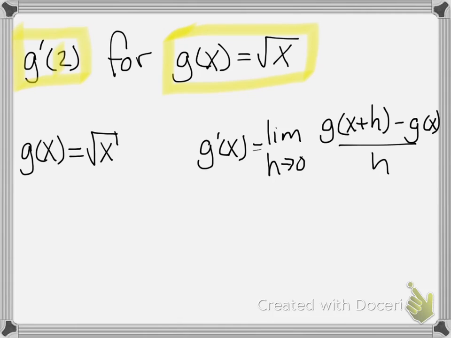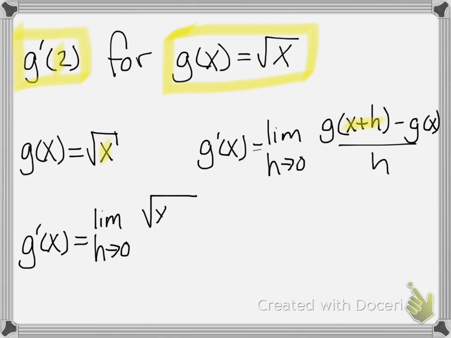Alright, so what does all this actually mean? Well, we just go through just like before. We're going to have g prime of x is going to be equal to the limit as h goes to 0, and since we have an x under the radical, we're going to plug x plus h in for it, so we're going to have the square root of x plus h minus our g of x, which is the square root of x, all over h.